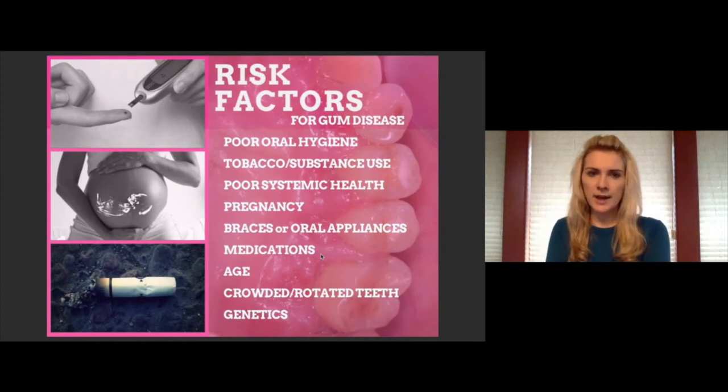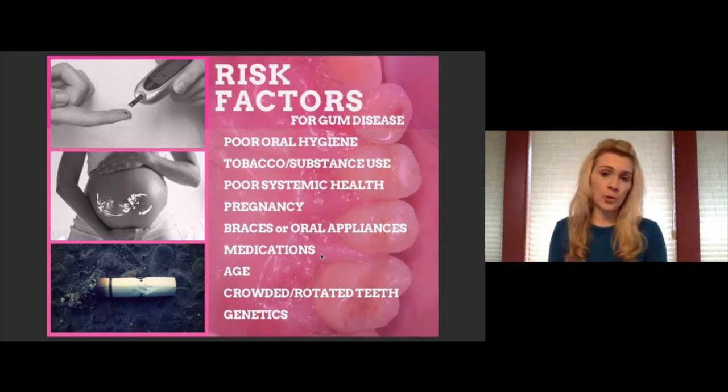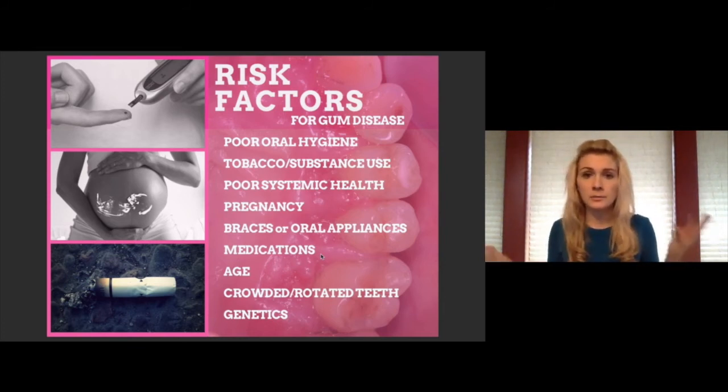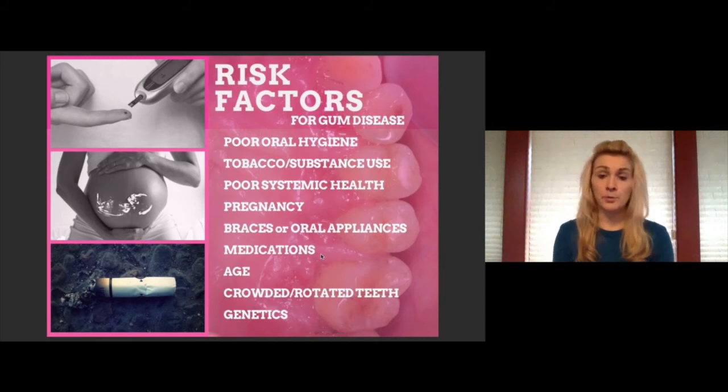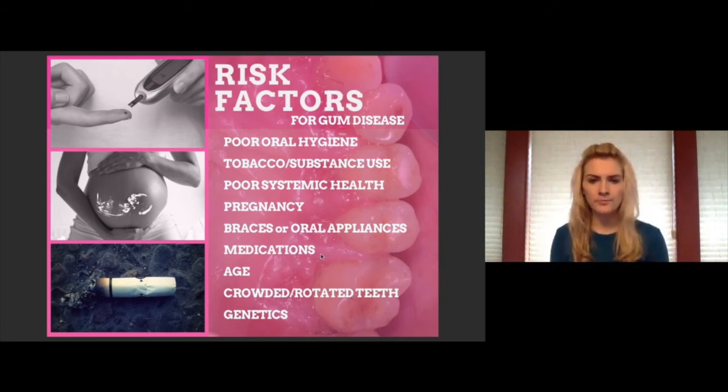So what are some risk factors for gum disease? Well, one, poor oral hygiene, lack of visiting a dentist, but also things like tobacco use and substance abuse, poor systemic health, diabetes, other medical problems cause gum disease to arise, pregnancy, braces or oral appliances causing other stuff to accumulate in the mouth.